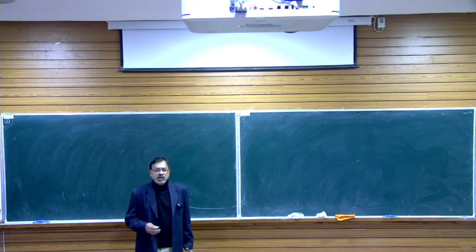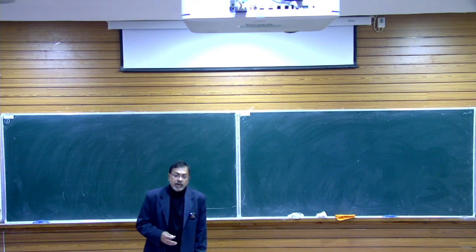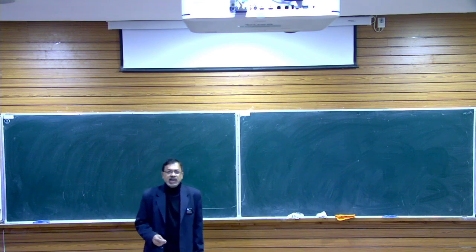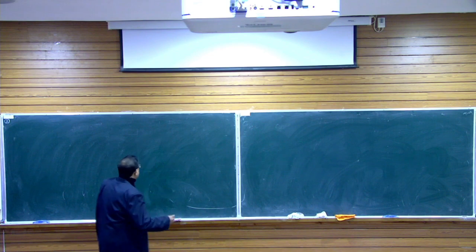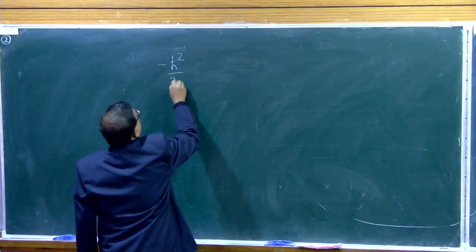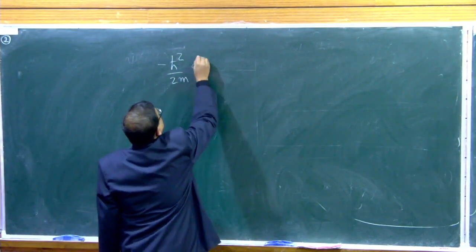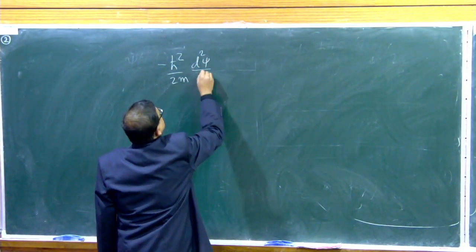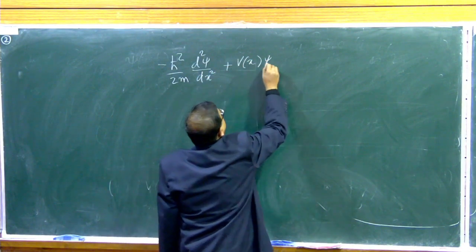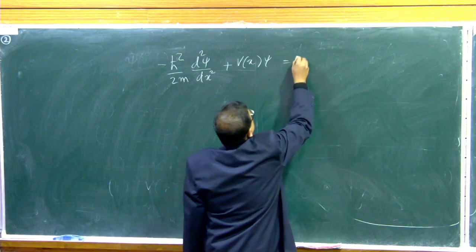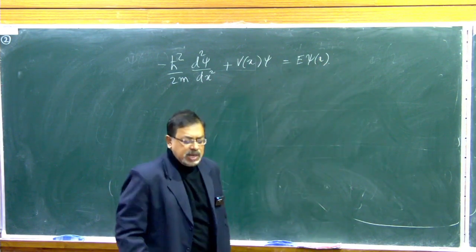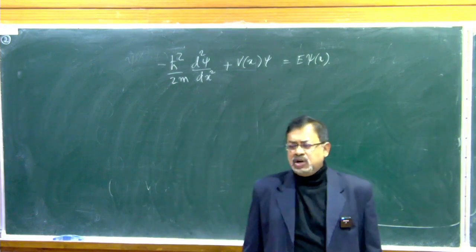The wave function will allow us to calculate the probability, and there is also a quantity called the probability current density. So this: minus h square over 2m d2 psi dx2 plus some V(x) psi is equal to E psi, and mostly we'll be talking about the time independent Schrodinger equation.